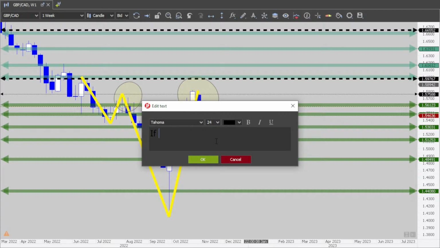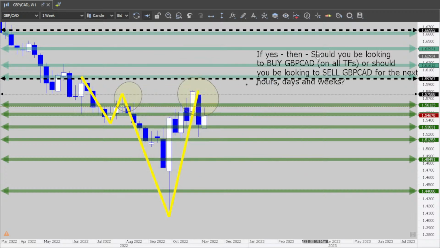So if yes, then should you be looking to buy GBP CAD on all time frames, or should you be looking to sell GBP CAD for the next hours, days and weeks? There is no right or wrong. What do you think?